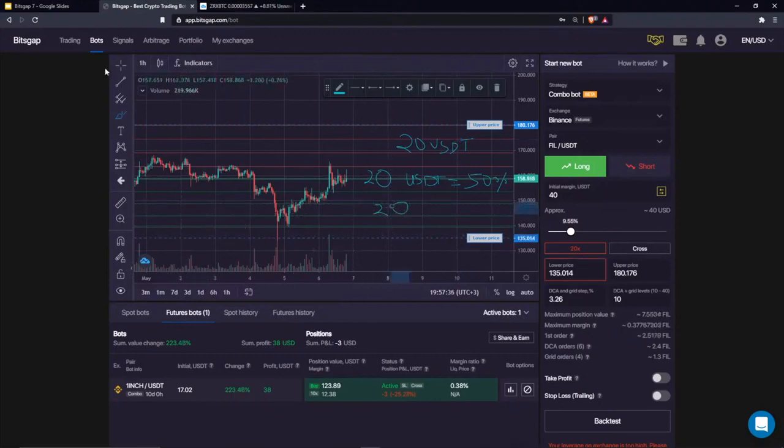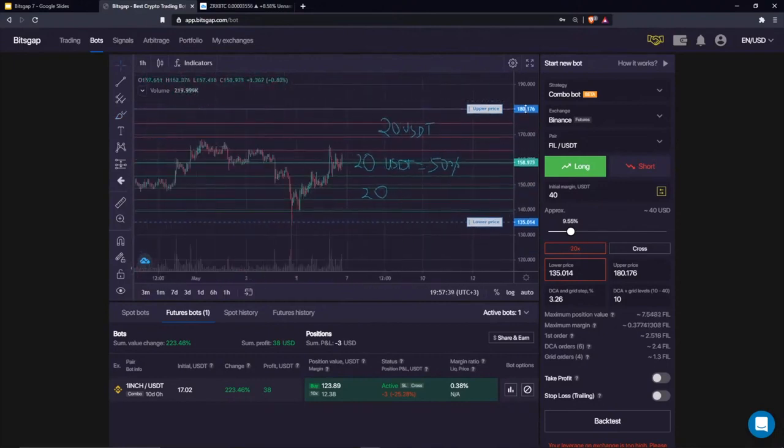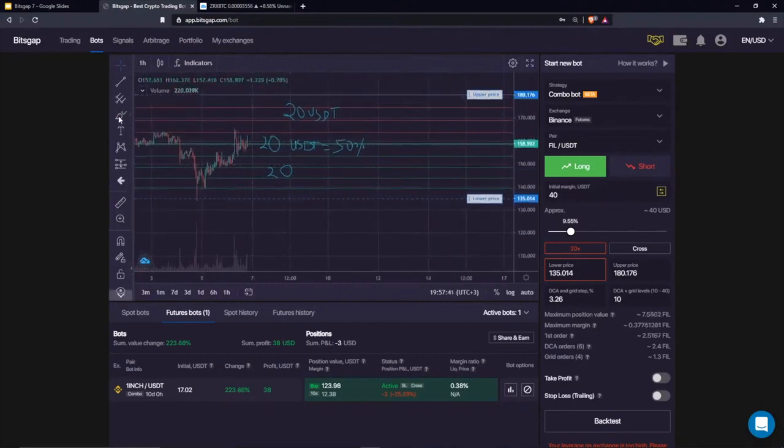Another thing that we enabled is that even below this first layer of DCA orders, we have another one, which is invisible, but we have it here. If the price executes the last buy order, which is this one, and then falls even further down, the mechanism will plot new DCA buy orders.